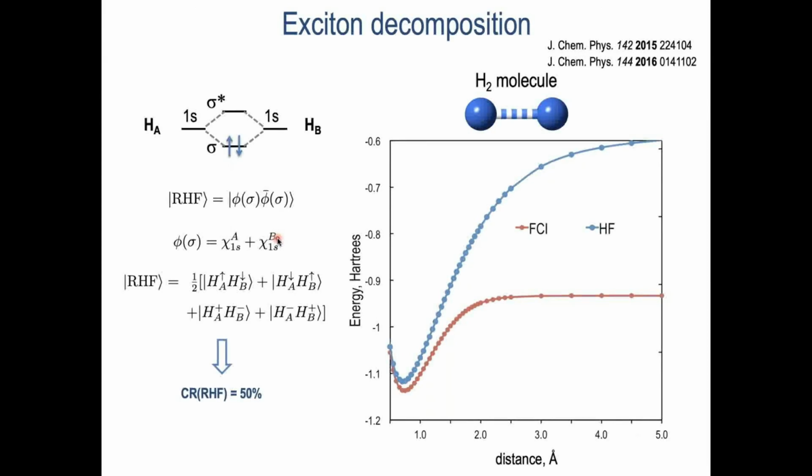And if we express this in terms of atomic orbitals, as you can find in the textbooks, we have half of the wave function that has covalent-like nature, and half of the wave function which has an ionic character, and this is fixed in the Hartree-Fock wave function, and so we are left with this 50% of charge resonance character for this H2 molecule.